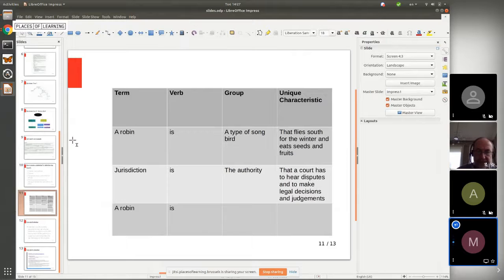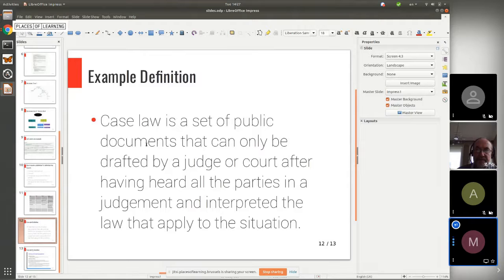And for example, if we are making a definition of case law, this is the term we need to define. Case law is a set of public documents that can only be drafted by a judge or court after having heard all the parties in a judgment and interpreted the law that applied to the situation. So that would be an example of a definition.